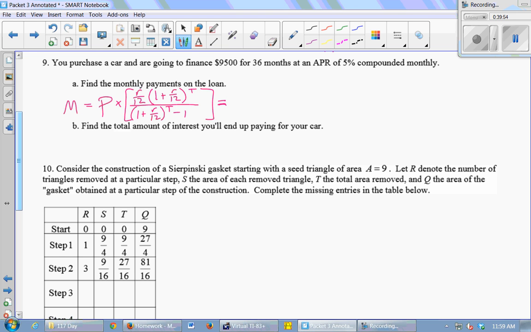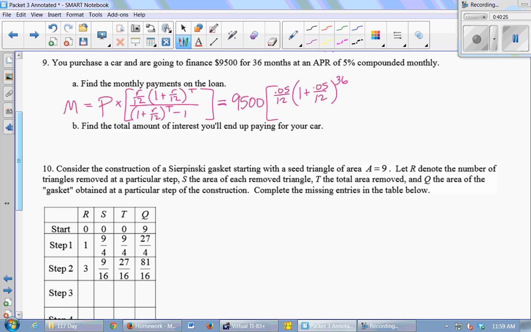So I replace P with 9,500. And then r is 5%. So little r in my formula, I should put in what? 0.05. So I've got 0.05 over 12 times 1 plus 0.05 over 12 to the t, which is the number of payments, which is 36.